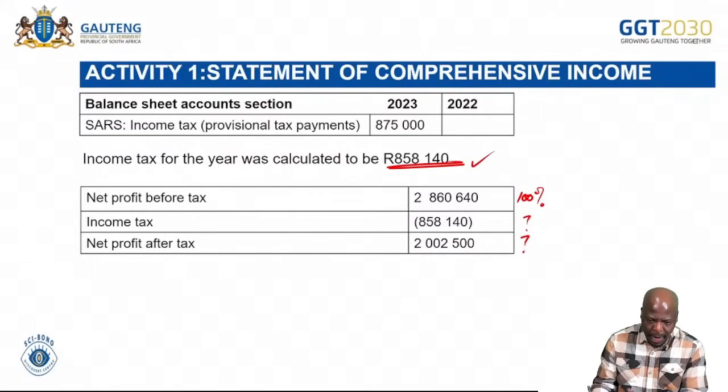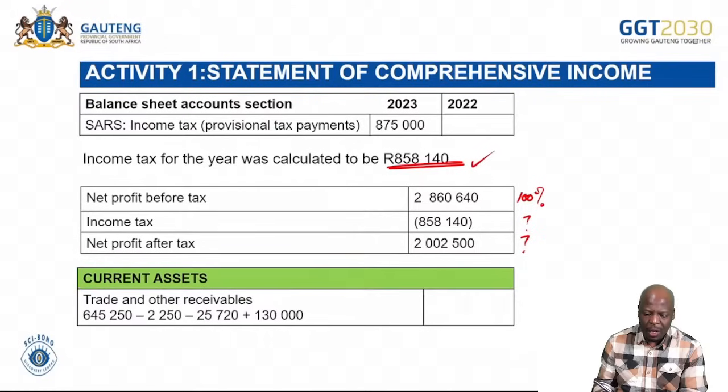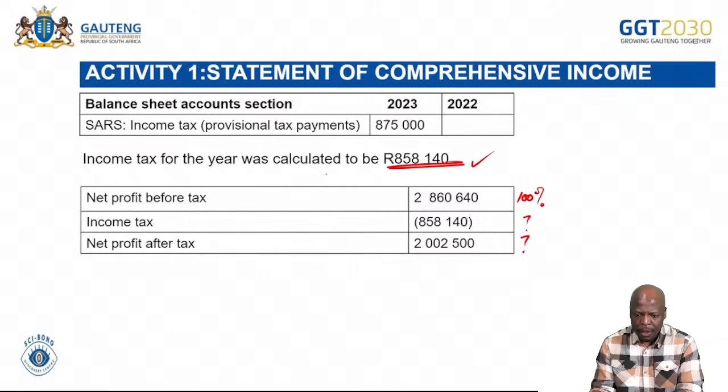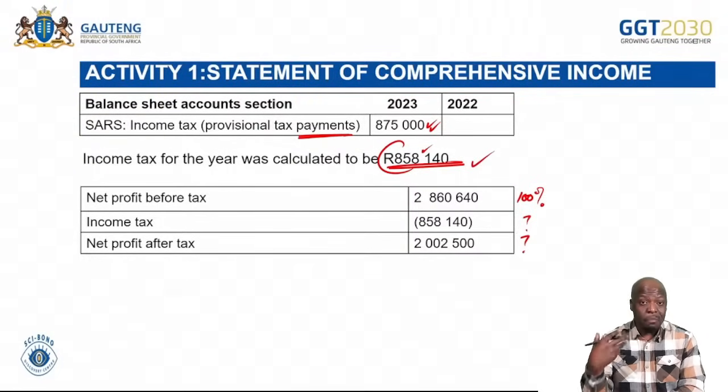Okay, and then we now need to see if we can take any amount to either trade and other receivables or trade and other payables. Let's ascertain that first. So income tax provisional payments, we've made provisional payments of 875, yet the tax for the year was supposed to be 858,140. That means our provisional payments are more than the income tax assessment for the year. Therefore, we've paid more.